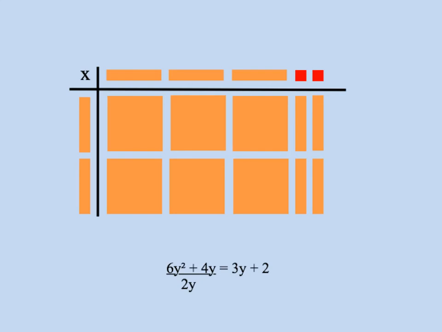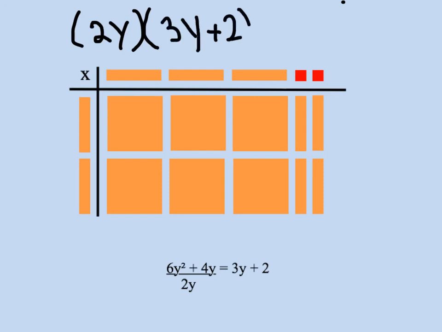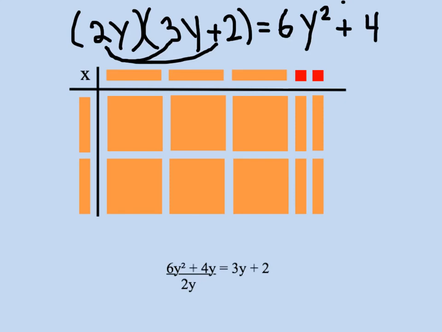If we want to write this out in a multiplication statement, 2y multiplied by 3y plus 2 is equal to, using our distributive property, multiply the numerical coefficients. 2 times 3 is 6. Y times y is y squared. 2y times 2 is 4y.